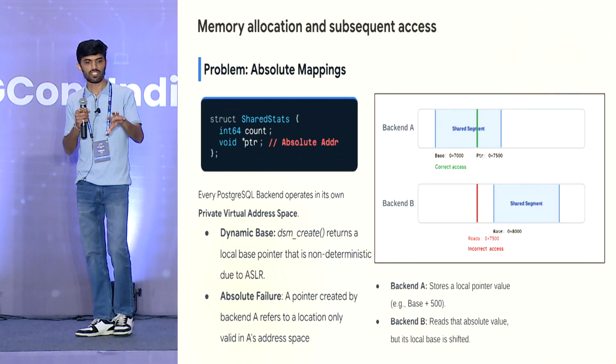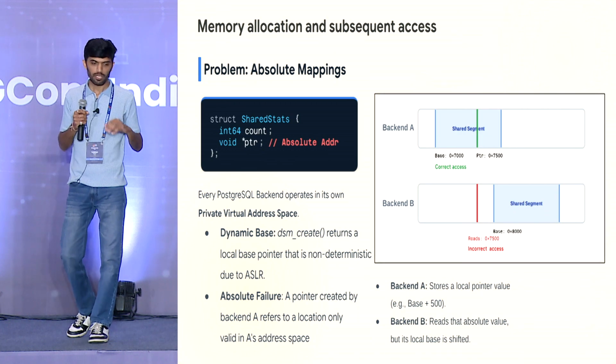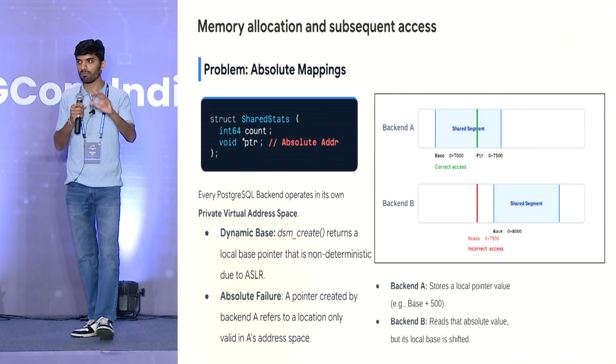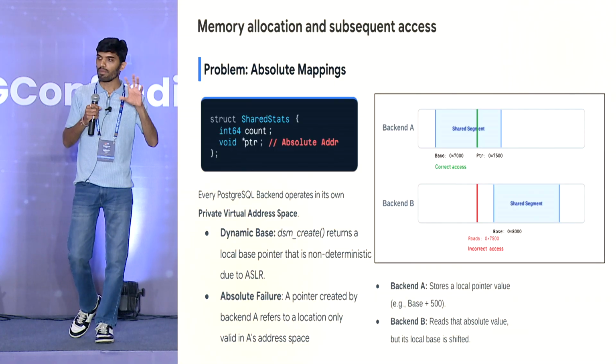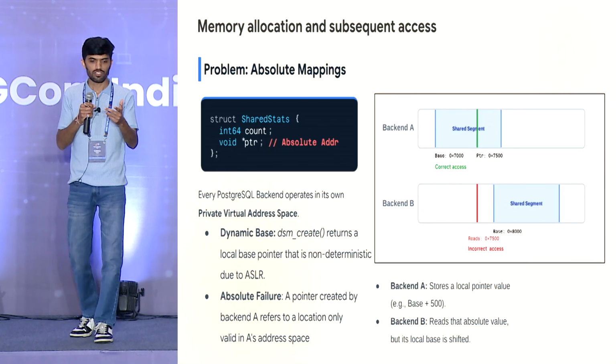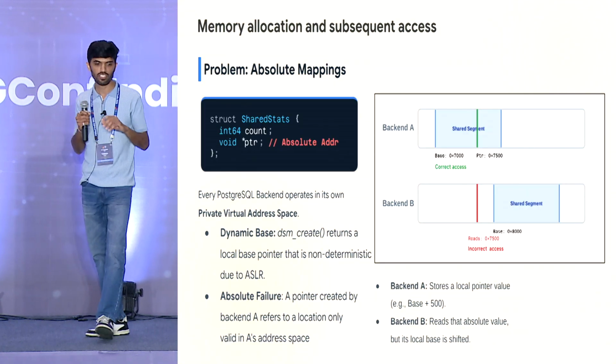So let's say we have a struct shared stats, and we have two variables, an integer counter and a pointer. Let's say we need to create some shared memory where we have to keep the stats, right? So let's say the backend has allocated memory for this, and it got the address 0x7000, which we can see on the right hand side, right? That is the base address at which it is mapped.